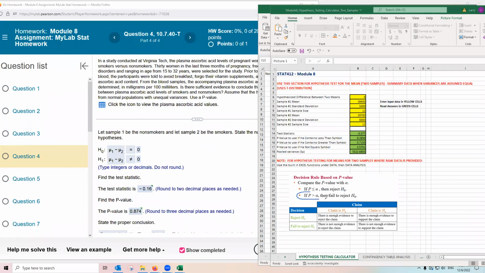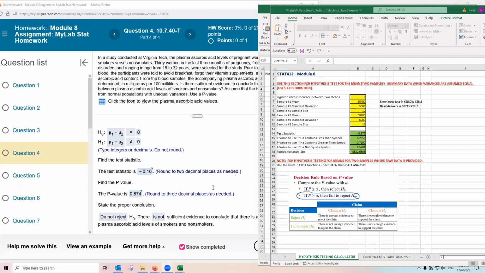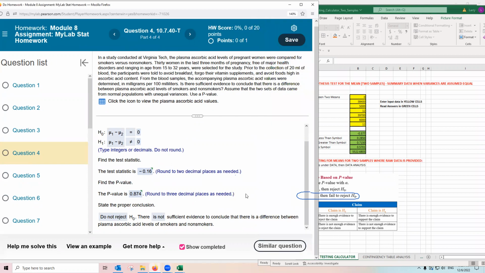Our p-value is 0.874. That's greater than 0.05 that we assume for alpha, so we're failing to reject the null hypothesis. Let me scroll down here. So do not reject. There's not enough evidence here to conclude that there's a difference between this acid level for smokers and non-smokers.